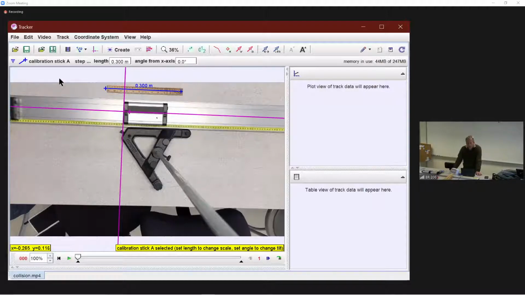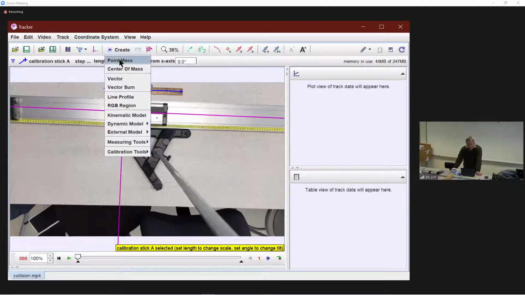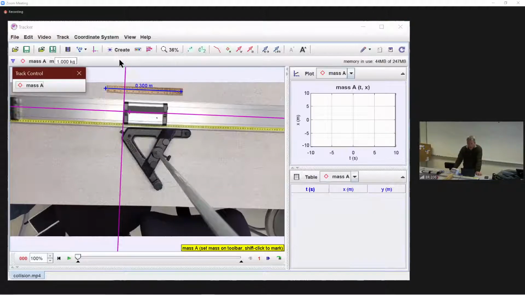track our objects. So if you remember, you click on, I can't see here, oh, because this thing is in the way. You click on create, click on point mass, and now you hold down the shift key and mark the position of your mass. So I'm going to first mark the position of cart A, the one that comes in from the left.